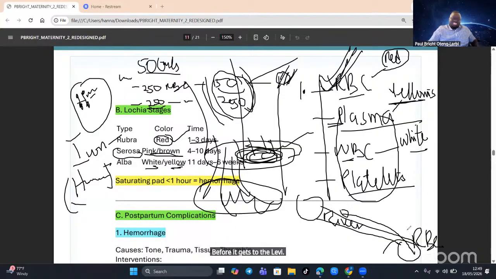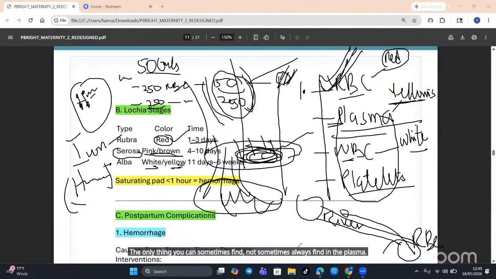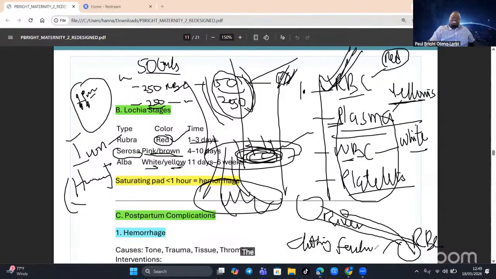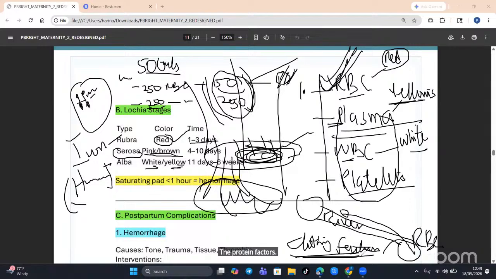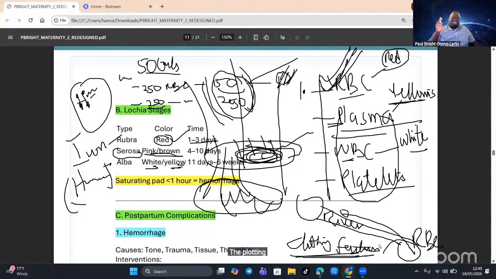The only thing you always find in the plasma is the clotting factors. Factor 1, factor 2, factor 3, those the liver will produce. They put them in the river and they help. Yes, the clotting factors will come.